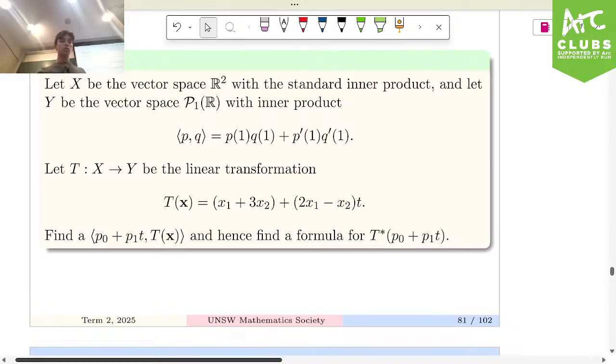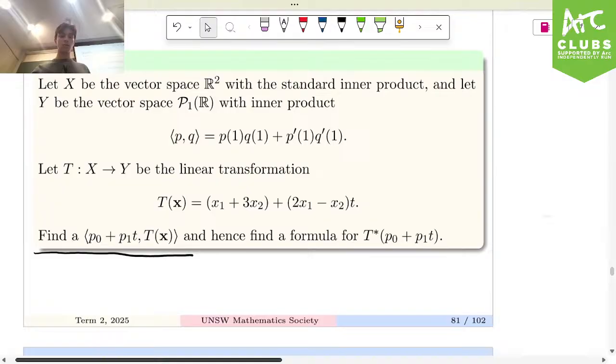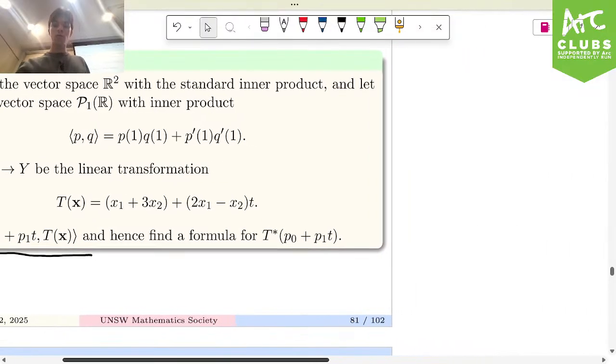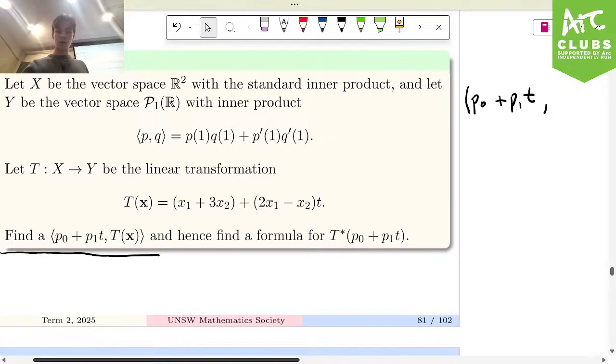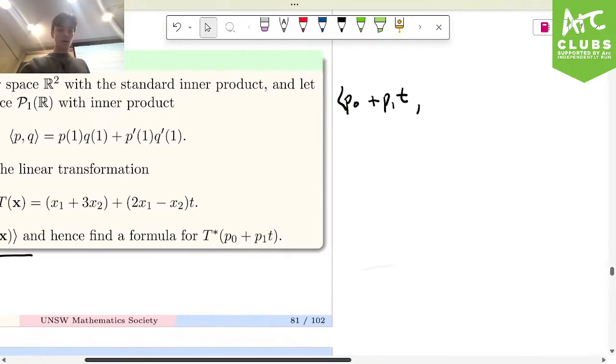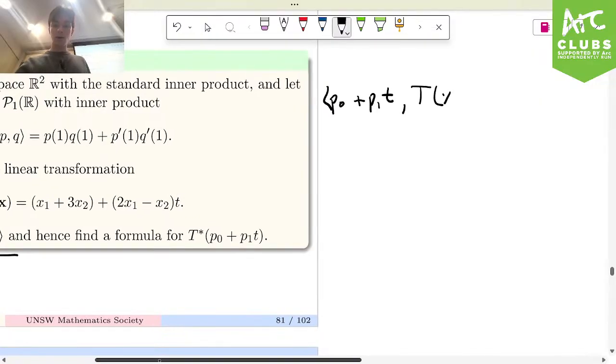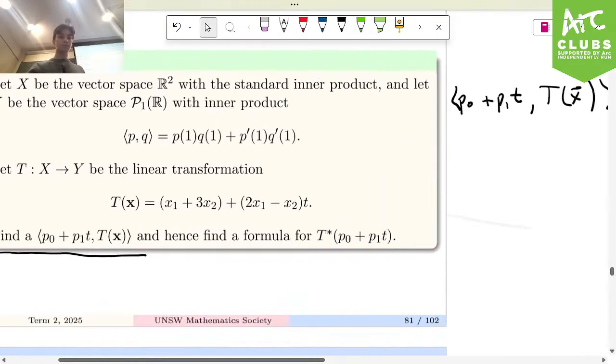The first thing they ask us to do is to find an expression for this inner product: the inner product of p0 plus p1t, which is an element of the vector space of first degree polynomials in t, and T of x.